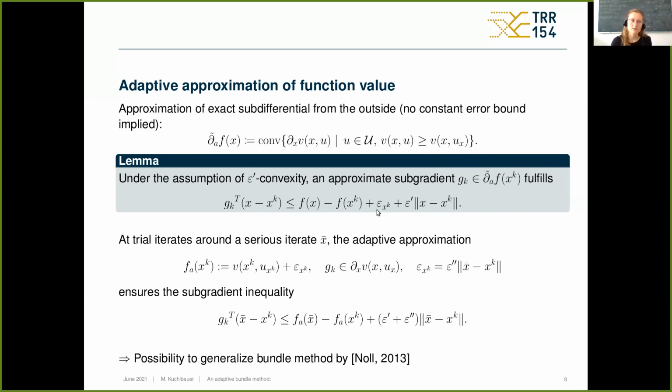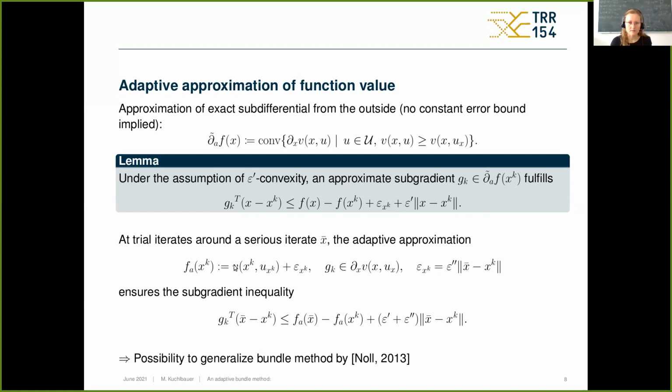And in order to use Null's convergence proof or to obtain a similar key inequality, we would like to have a distance-dependent error here. So what we do is that we let the error in the function value depend on the current distance of trial and series iterates in the bundle method.